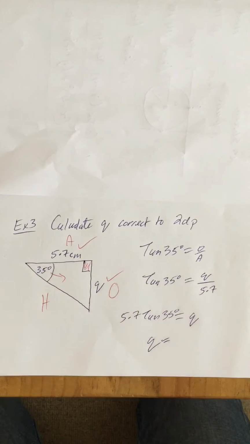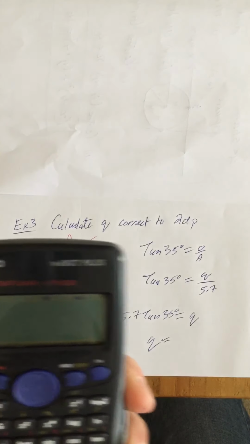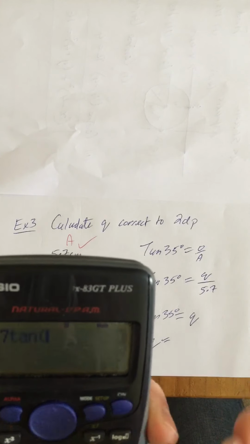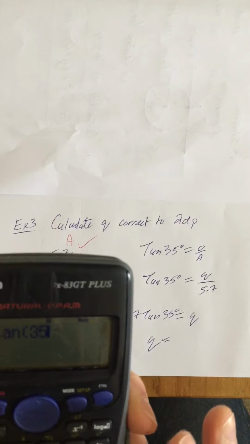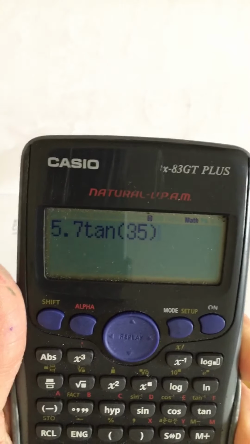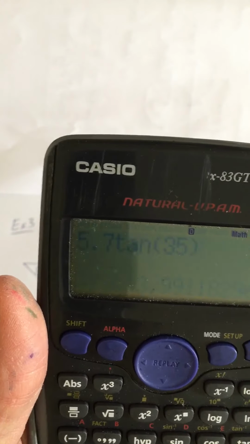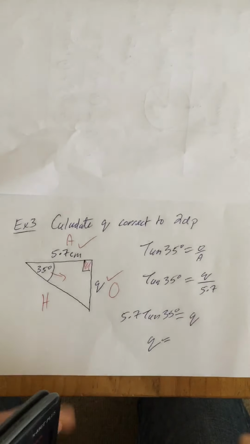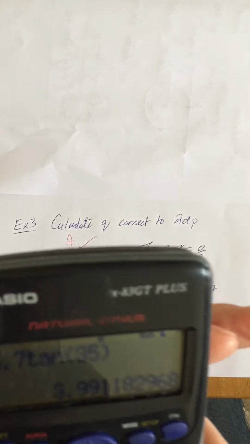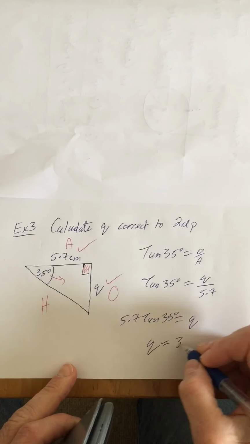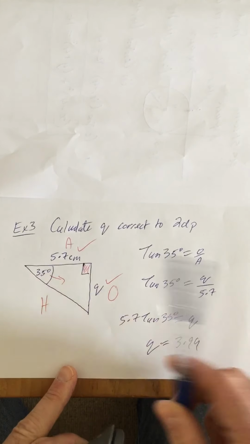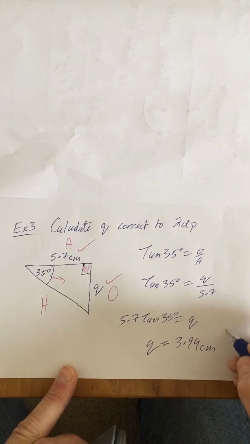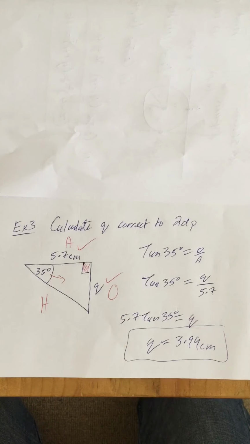All I have to do is type that into my calculator: 5.7 tan 35 degrees. Double check I've typed it properly and press equals. Up comes 3.991. They want it correct to 2 decimal places, so 3.99. Check my units. It's going to be in centimeters. And there you have it, there is our answer to that one.